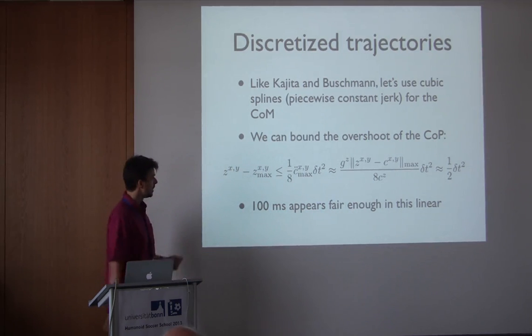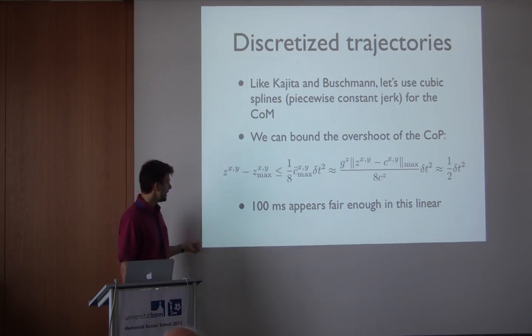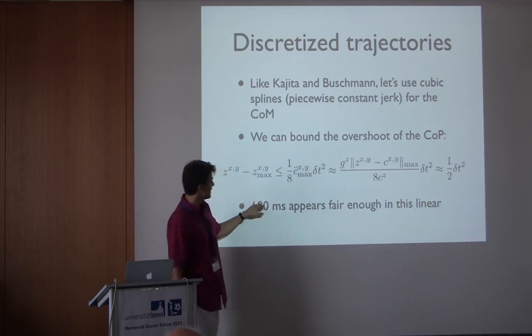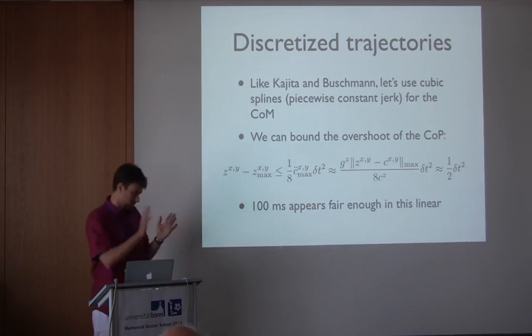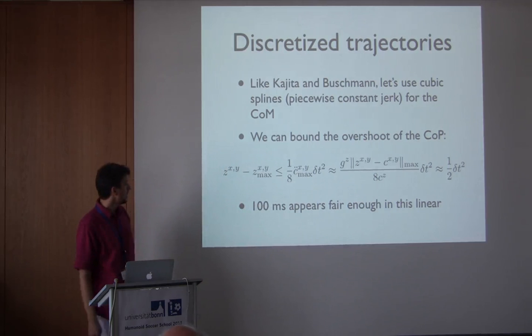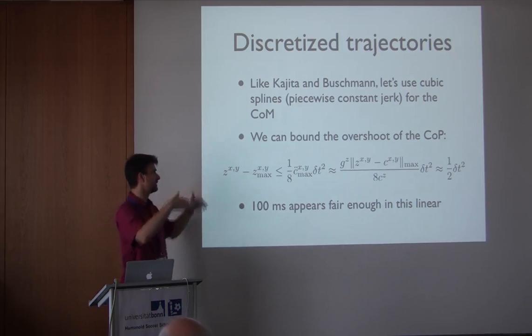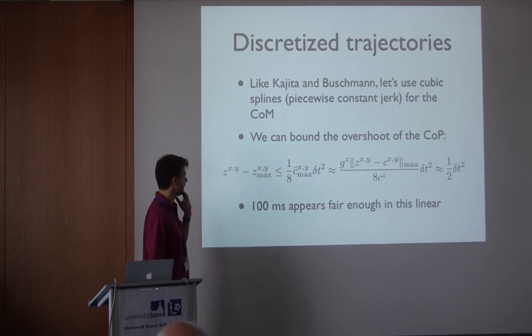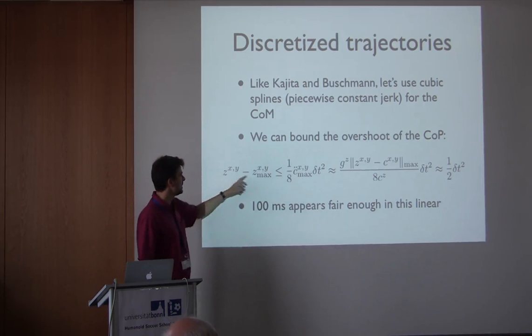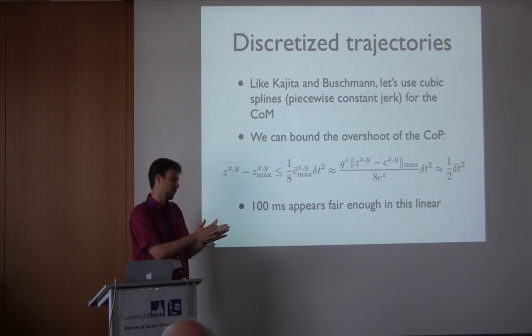period. So then it happens that if you take a 100 millisecond piece, the overshoot could be a few millimeters, 2 millimeters, something like that, for a human-sized robot, which is what we're referencing. So you just need to take, let's say, 1 centimeter margin within your support polygon, and you're safe.